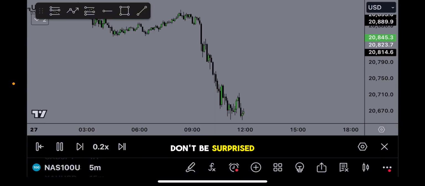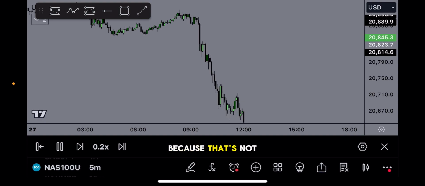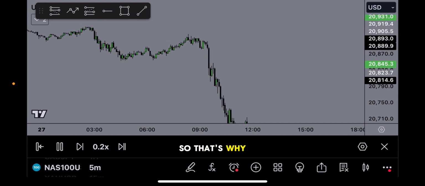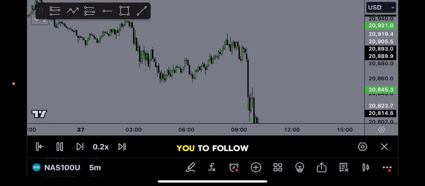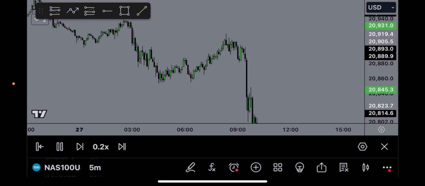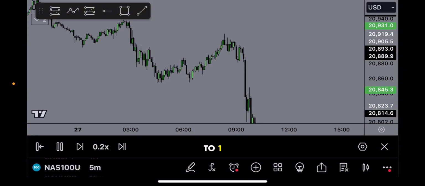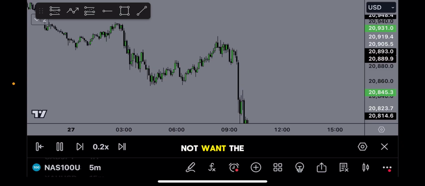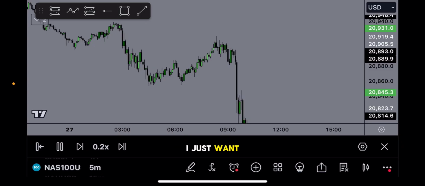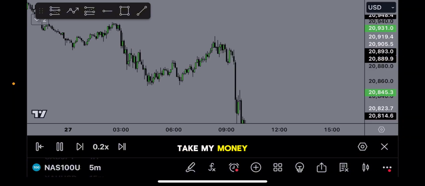But don't be surprised if you don't catch trades like that all the time. So that's why I highly encourage you to follow your trading rules and your trading plan and stick to the 1-to-1 or 2-to-1, because we do not want the whole pie. I do not want the whole pie. I just want a slice of that pie, and I'm going home, take my money, and that's it. Okay, let's go to another example.